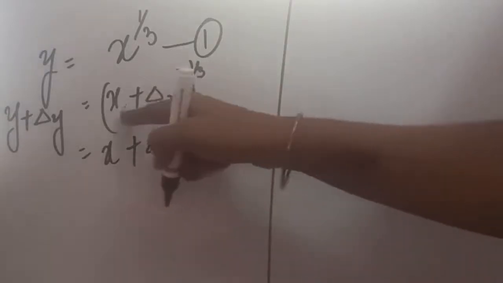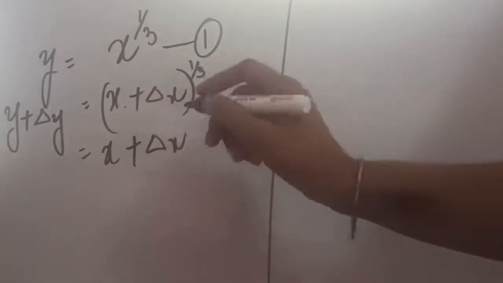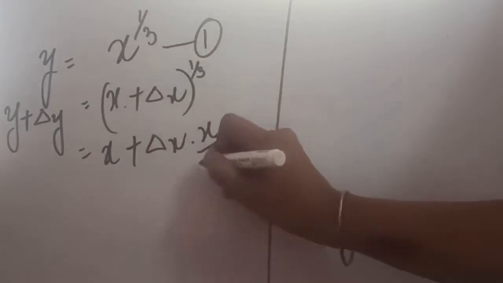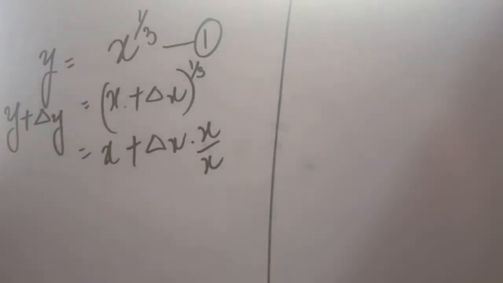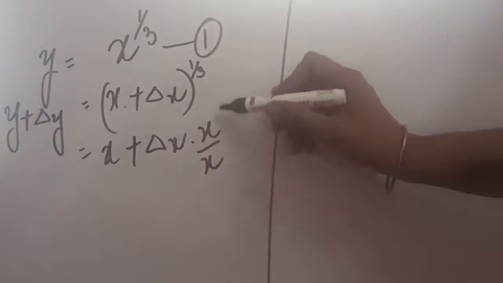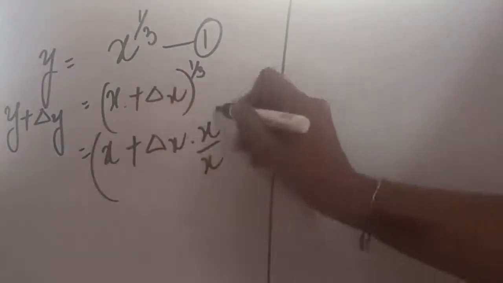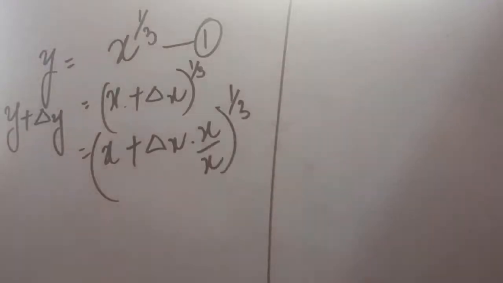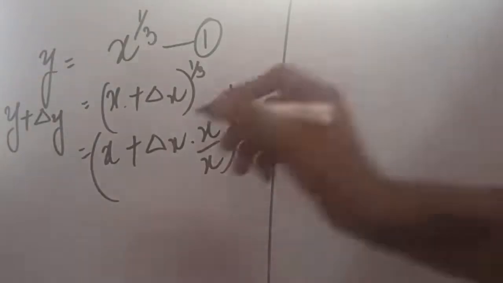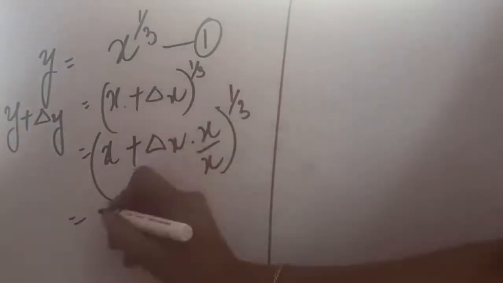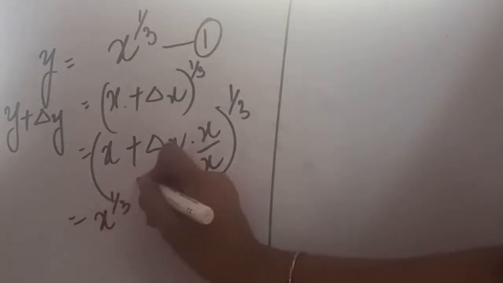This is the internal x plus delta x. I am going to divide it by x and multiply it by x. I hope you are all clear that dividing and multiplying gives 1, so it is not going to impact anything. Why I have done this will be clear in the next step. From here, I can take x power 1 upon 3 common.